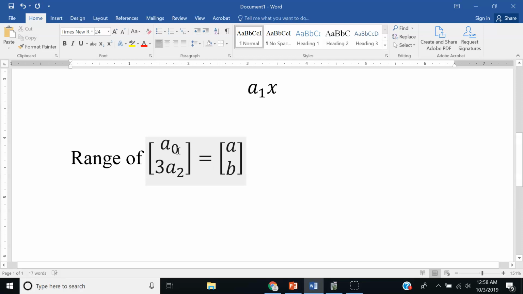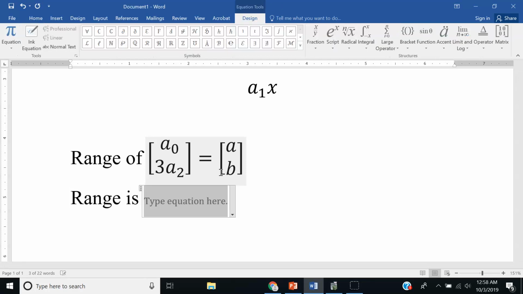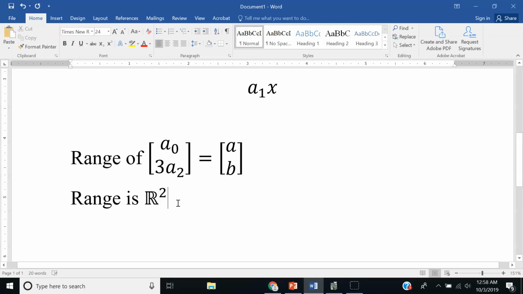My first entry could be any real number. My second entry could be any real number. So the range in this case is all of R2. Another way to write that would be to write the span of the elementary vectors from R2.